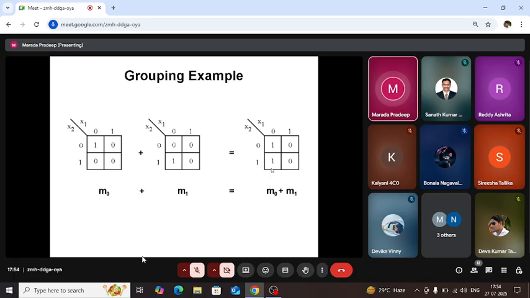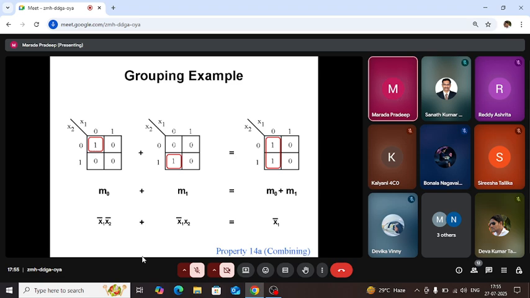m1 is also 1. I already told you grouping should always be done in powers of 2. See, here I group in powers of 2. 2 power 0 means 1. Here 2 power 1 means 2.